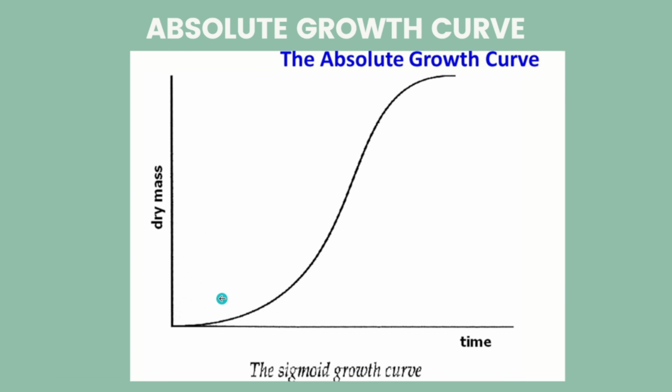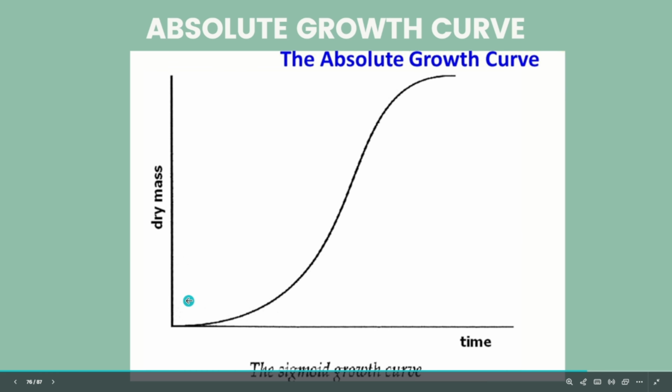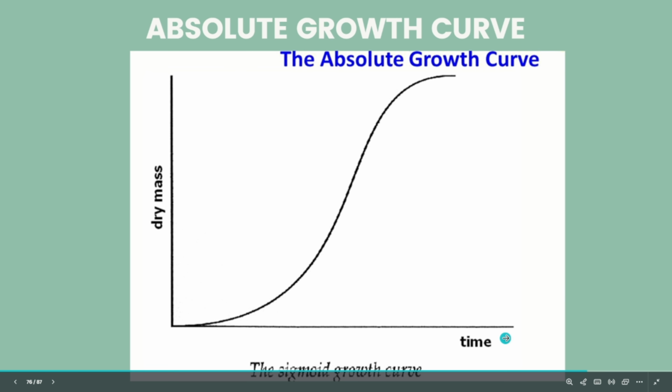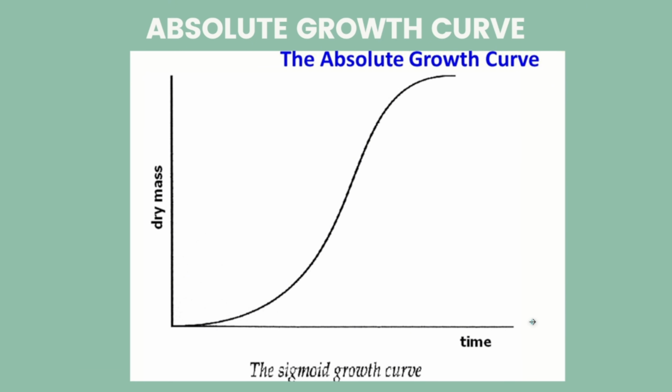For the growth curve, you need to know the y-axis and x-axis. What does the y-axis represent? What does the x-axis represent? The x-axis is time, any measurement time. Maybe years, months, minutes, or hours. The y-axis is the parameter, any type of parameter, including length, weight, height, or dry mass.